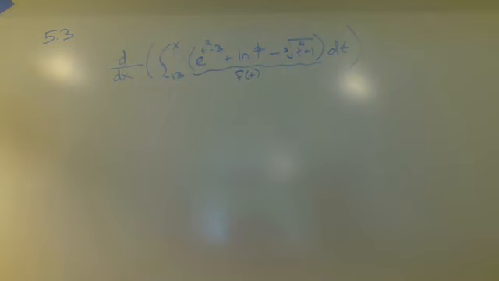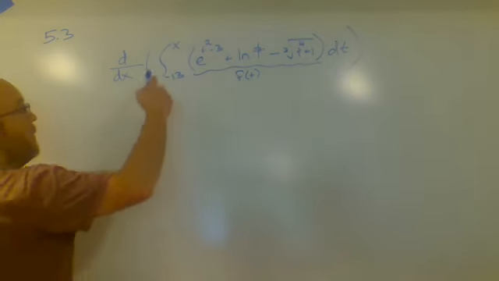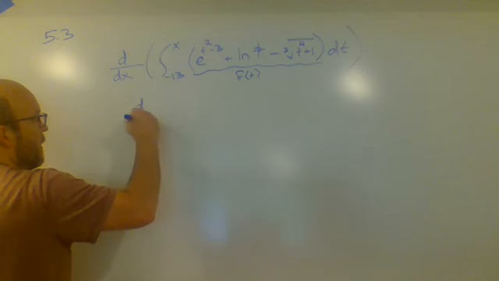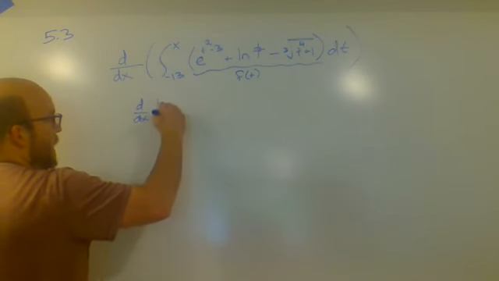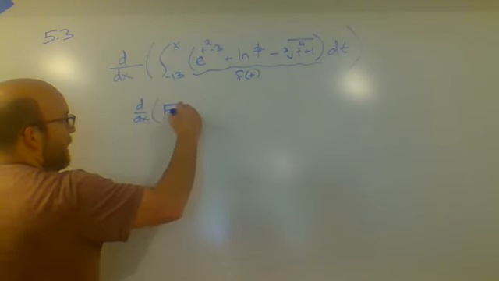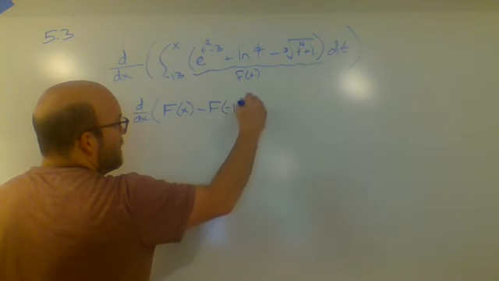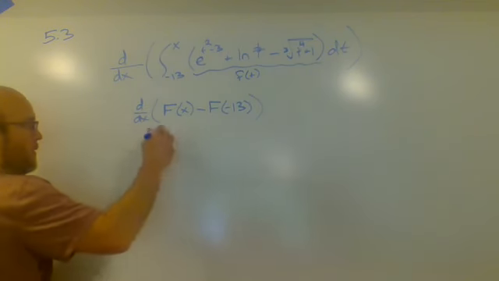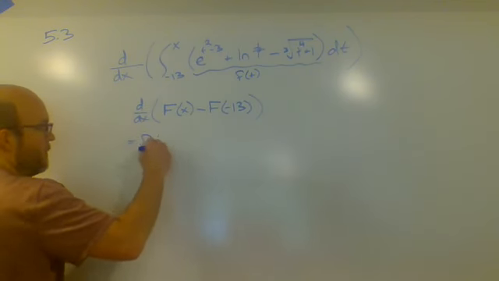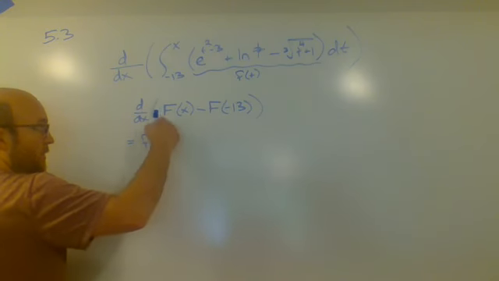And so once again, you can look at this and say that we're working with the derivative of the antiderivative of f evaluated at x minus the antiderivative of f evaluated at -13. And when you take the derivative, you're going to get f(x) here, since that's an actual function.